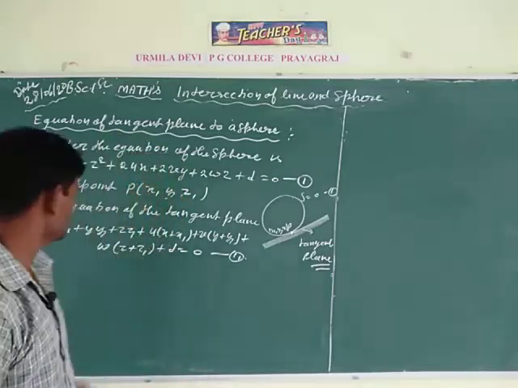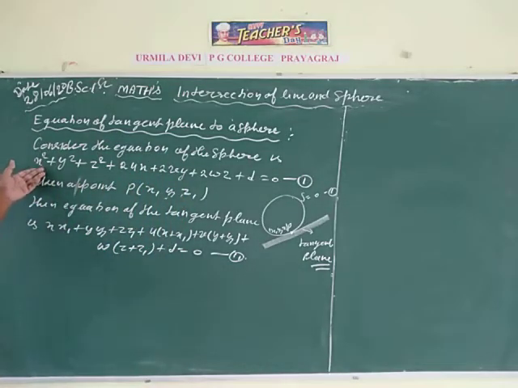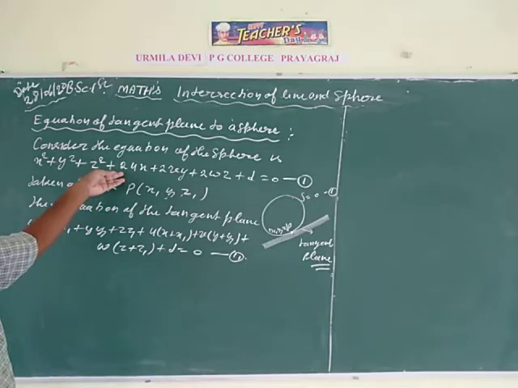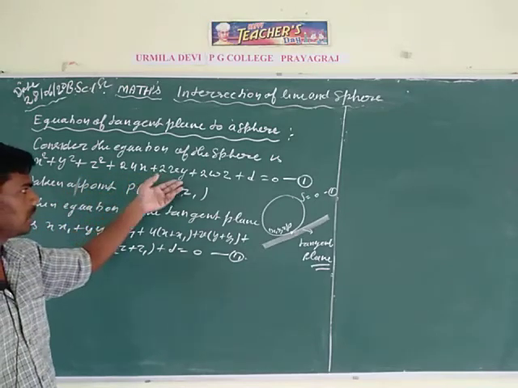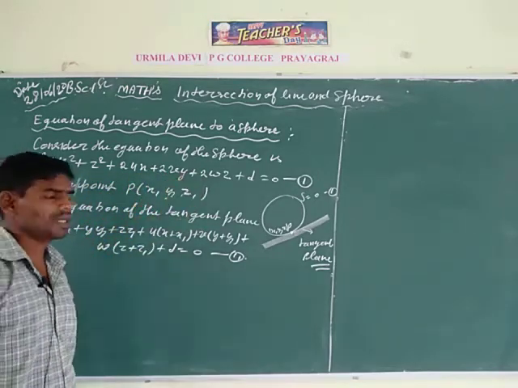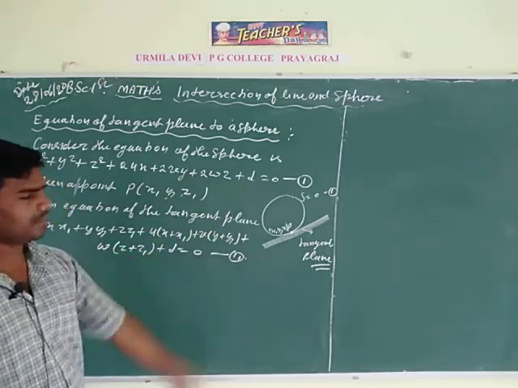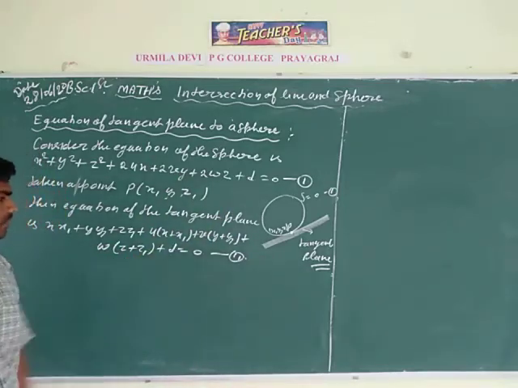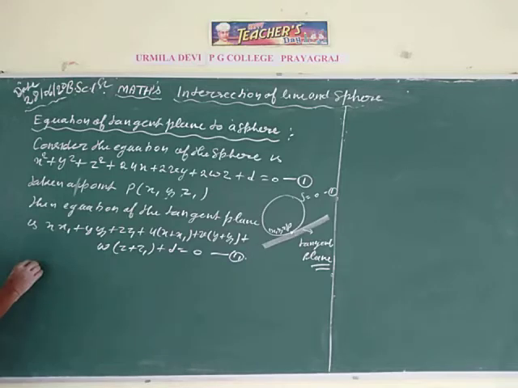The process is replacing x² by x·x1, y² by y·y1, z² by z·z1, and the 2 is eliminated, writing x + x1, y + y1, z + z1, and d stays the same. So this is the tangent plane equation, which is clear.